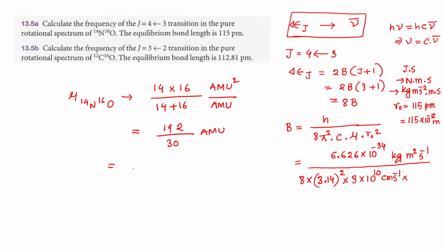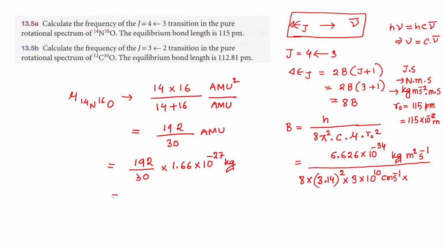That is 9.11 into 10 to the power minus 31 kg, that is the mass of one electron. The mass of the proton will be the equivalent. 1.6 into 10 to the minus 27 will be the answer, I think. Yes, that's how you can do it. But it is 1.66 into 10 to the power minus 27 kilograms. One AMU is equal to this much kilogram.